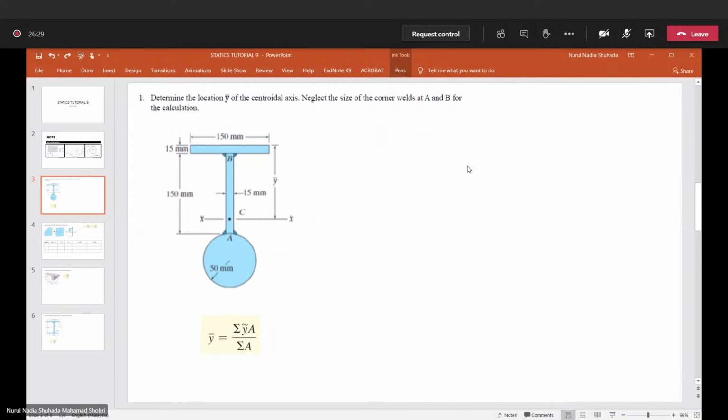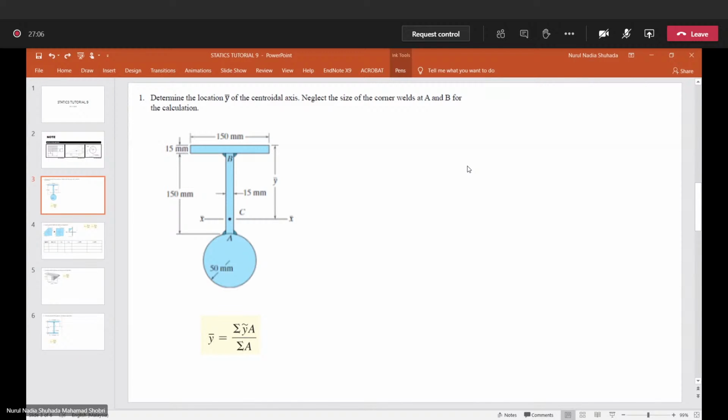So basically every simple geometry has its own respective centroid location, but when we have a combination of several shapes, the centroid changes because it's a composite area. In this case, we don't know the location of y bar of the composite area, or the centroid axis.